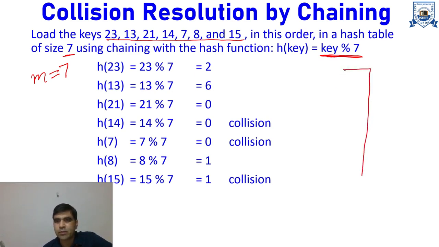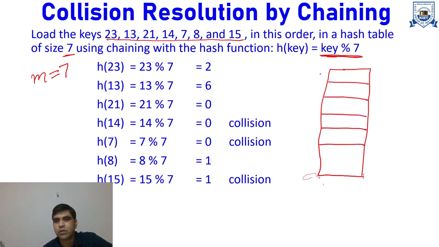So let's suppose in our case it is something like this. So we have how many locations? 0, this is 1, 2, 3, 4, 5 and 6. Okay, so these are the locations.